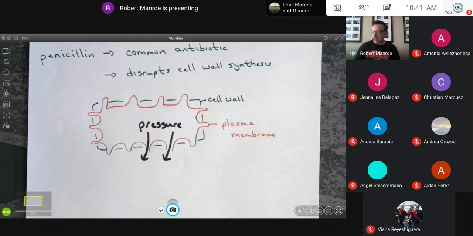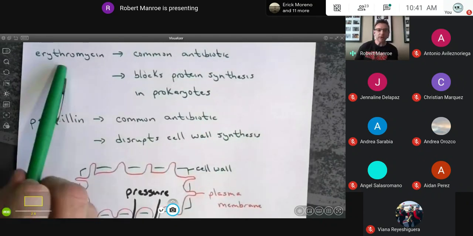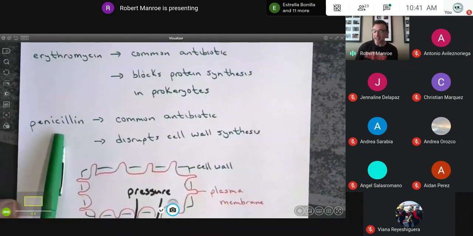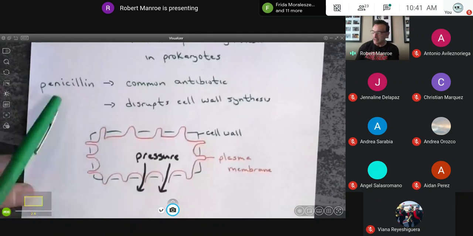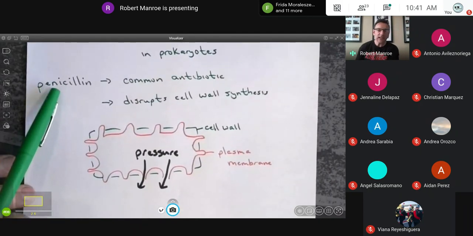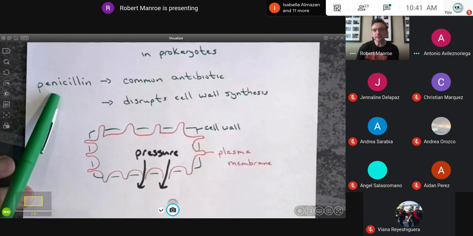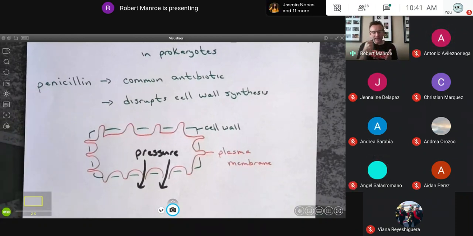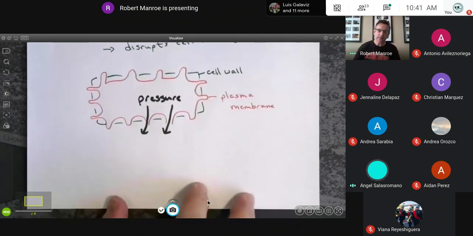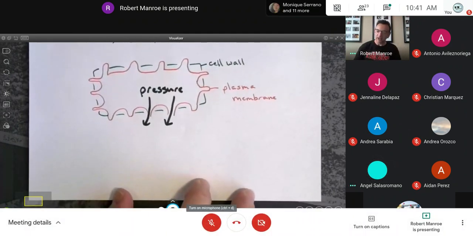So referring back to natural selection, this has been around since the 1940s. All right, so penicillin has been used for now almost 80 years. Is this a pressure of natural selection? Yes. What happens if you apply the same pressure of natural selection to a population over and over and over again? What eventually happens?